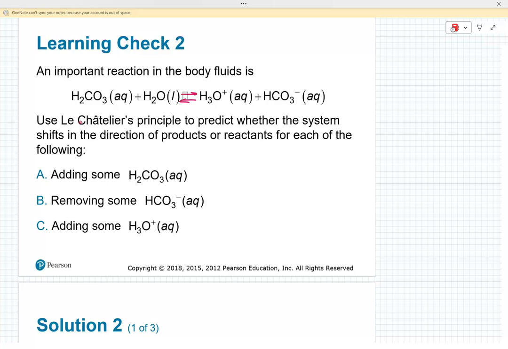So, if you add some carbonic acid here, in which direction will equilibrium change? Yes, to products. If you remove some bicarbonate, in which direction will equilibrium change?